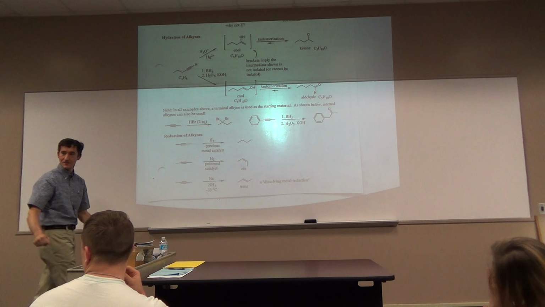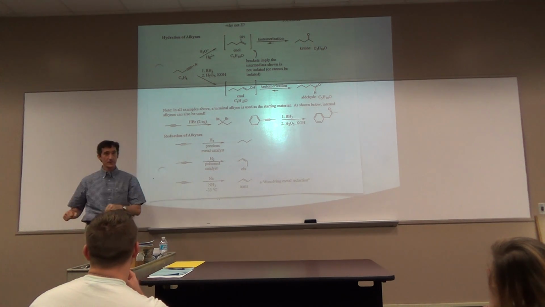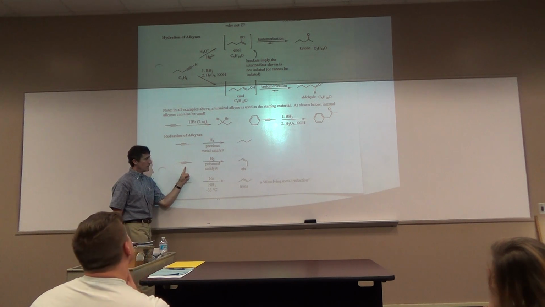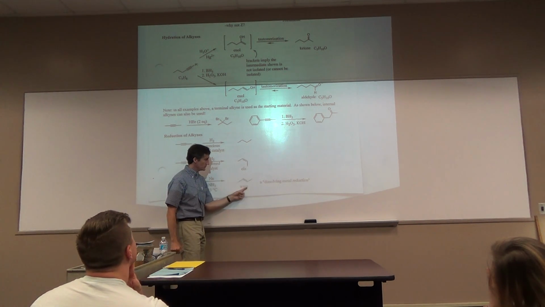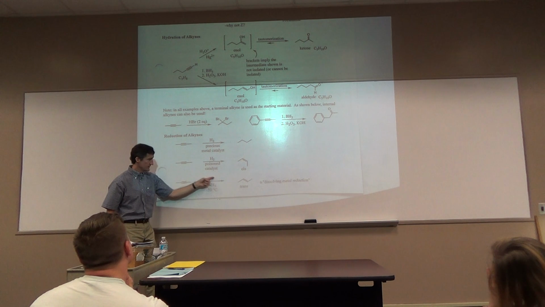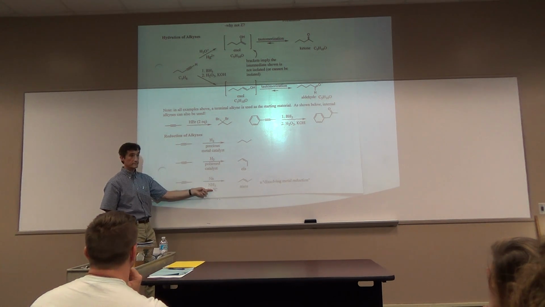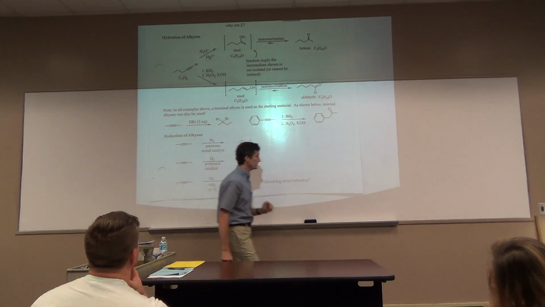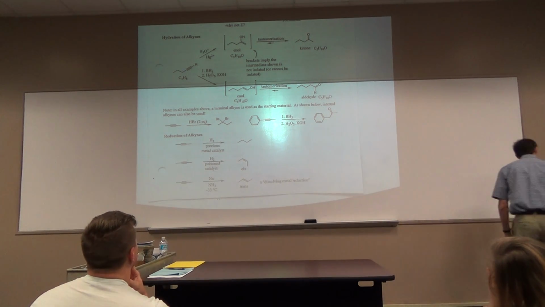Everybody else following the 2 darts coming in? Well then, can you make a trans alkene? Yeah, but it's different reagents. So that's hydrogenation. This is totally different new reagents.